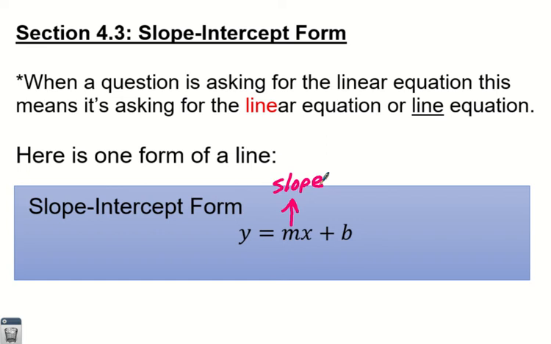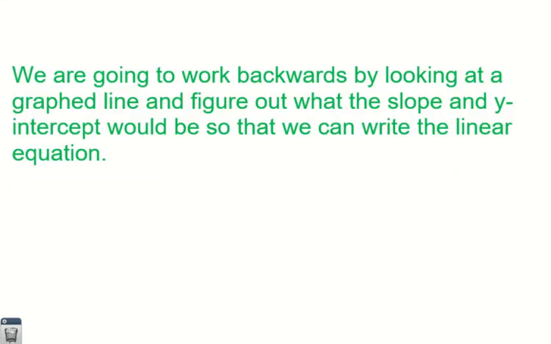If you have an equation in this form, you can just look at it and go, oh, the number in front of the x, the m, is the slope, and this number is the y-intercept, which is huge. We are going to work backwards by looking at a graphed line and figure out what the slope and y-intercept would be so that we can write the linear equation.